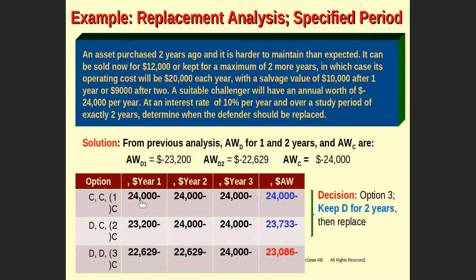The 24,000 that you see here is the annual worth for the challenger to be used for the given time, whether for 3 years, 2 years or 1 year, because it's the only information or cost given in the question, which is the annual operating cost, the 24,000 per year. So at the end, we take the average to find the annual worth average for those 3 options, and we select the one that is more economical.